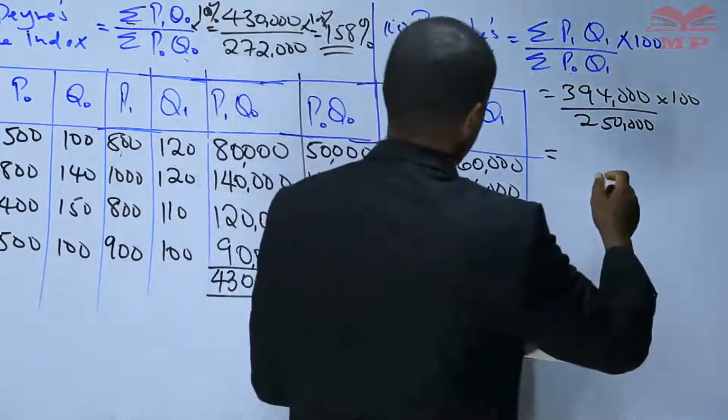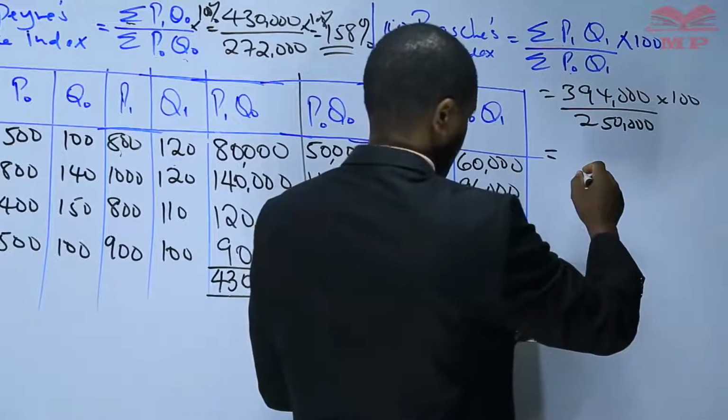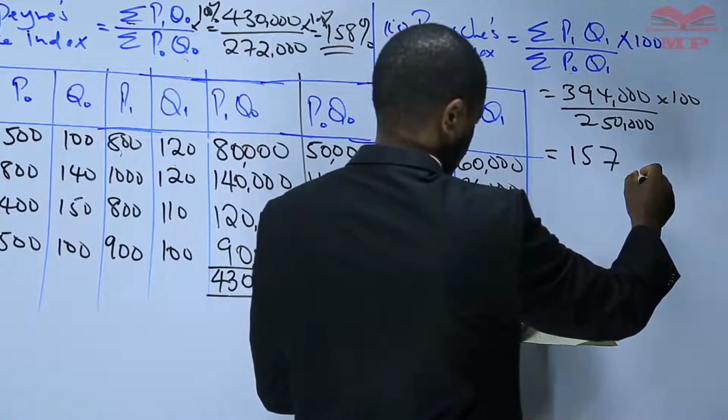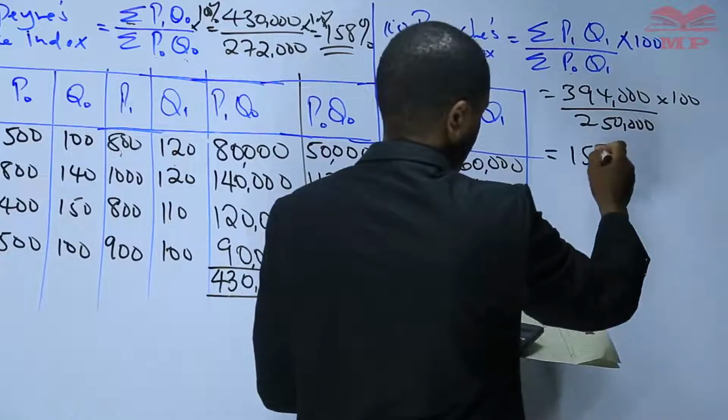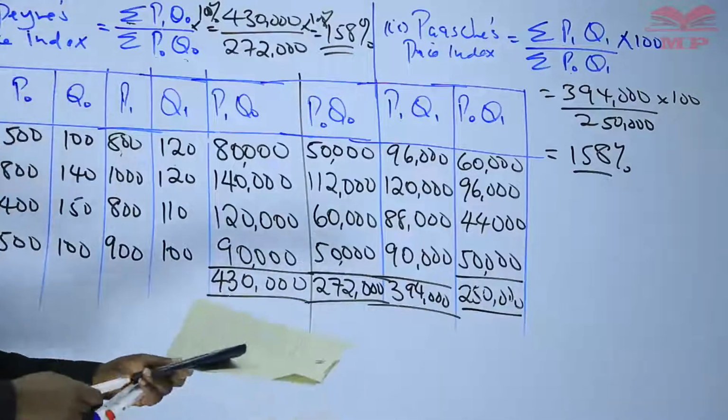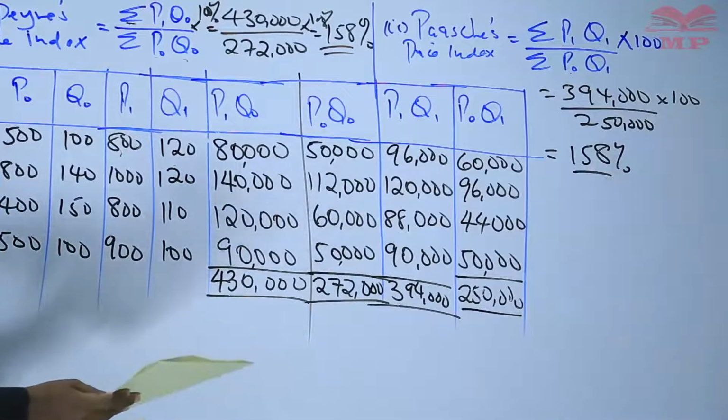The purchase price index is 157. Let me round it off to 158. That's the purchase price index.